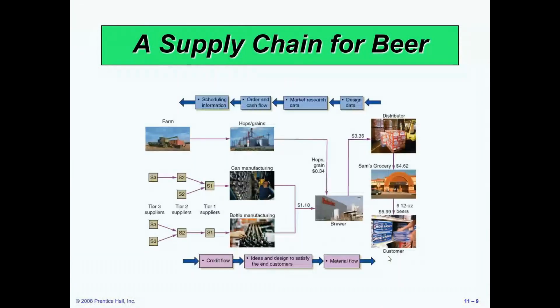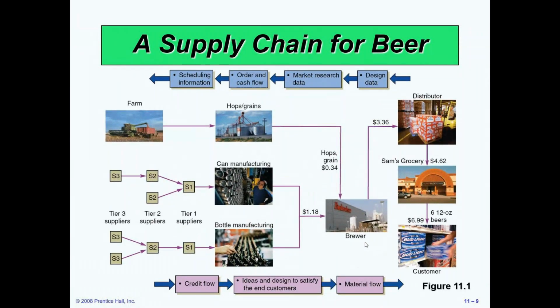You can see in this diagram that MM is involved, SD is involved, FI is also involved. How? Because this credit flow is designed by the FI team, the schedule information is designed by the MM team, and the sales is handled by the SD team, right?